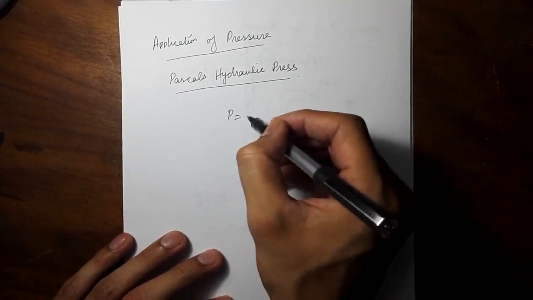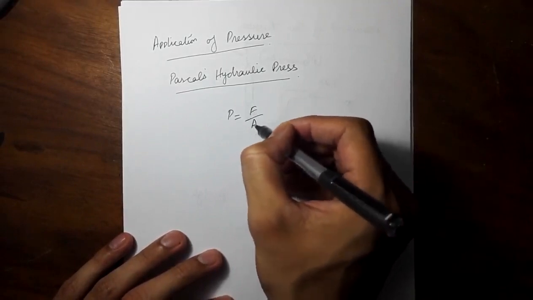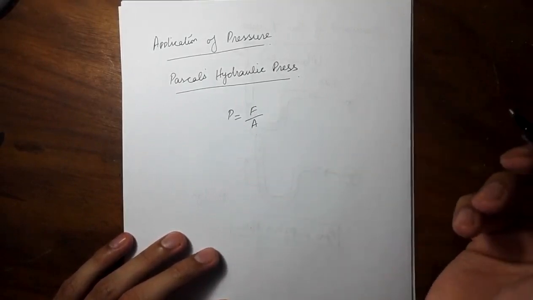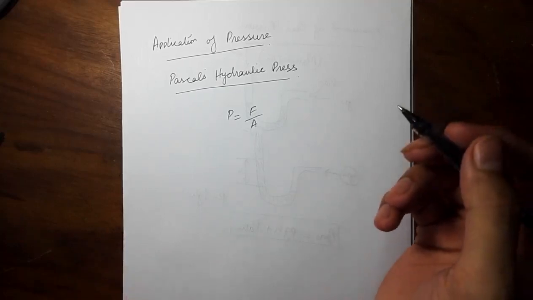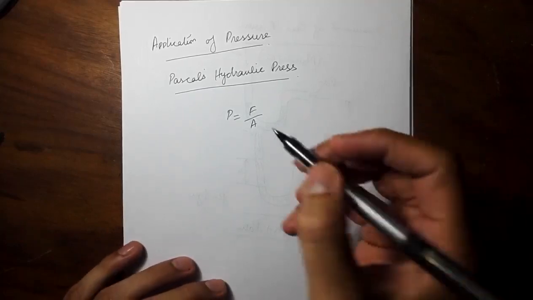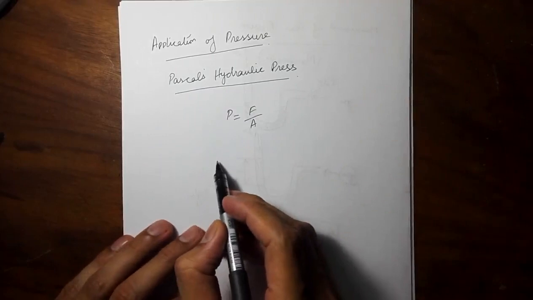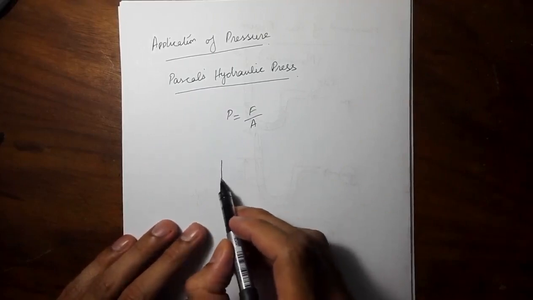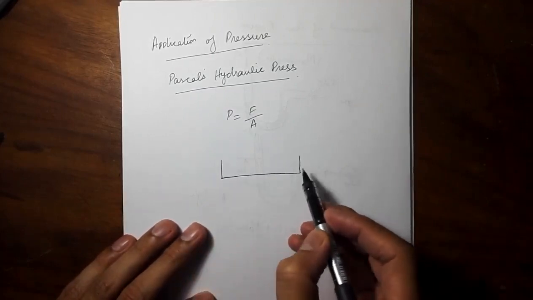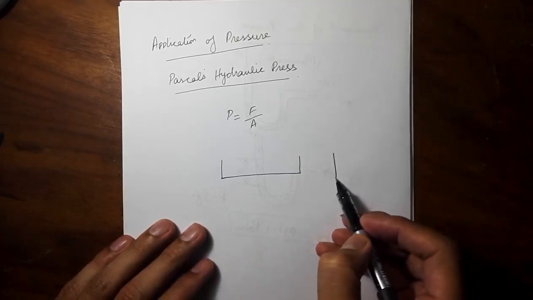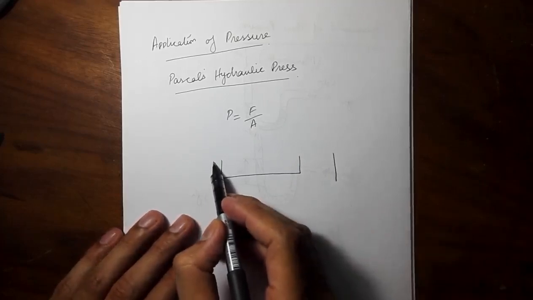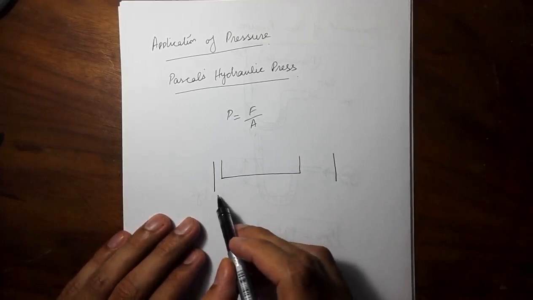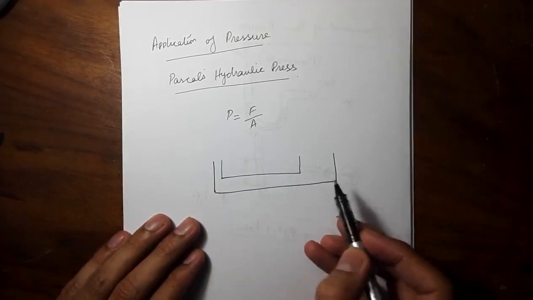I told you pressure is equal to force per unit area. Now, what if there is a system in which on one side we increase the area and on the other side we decrease the area?